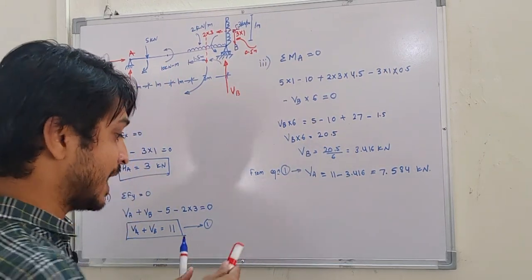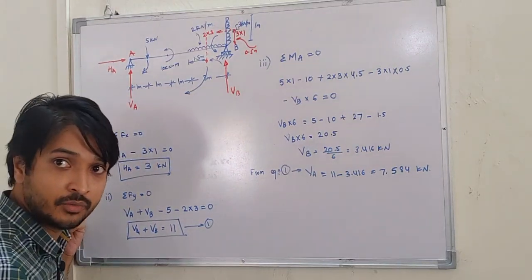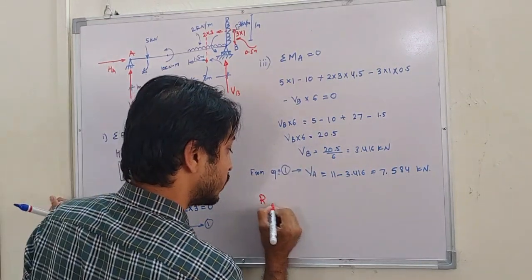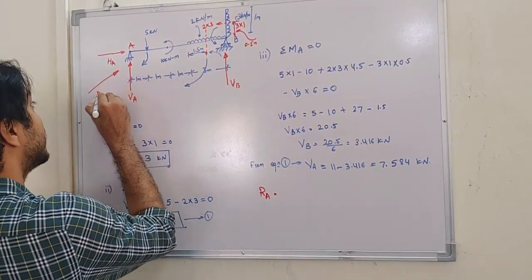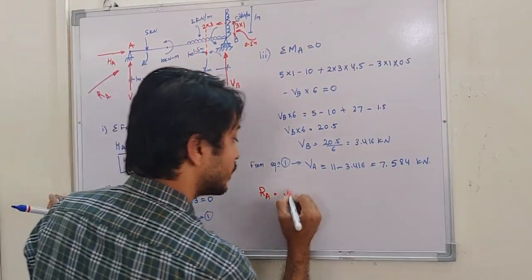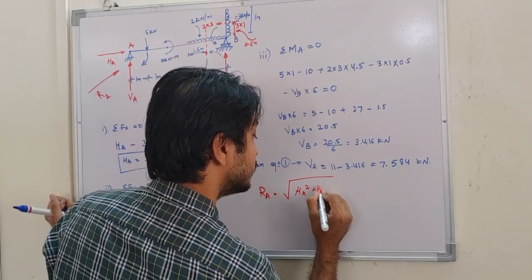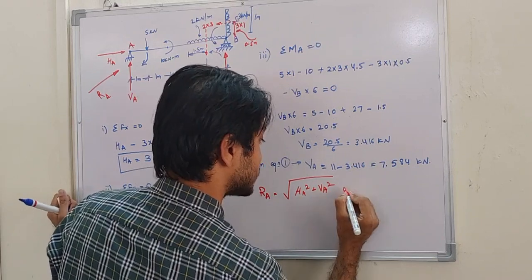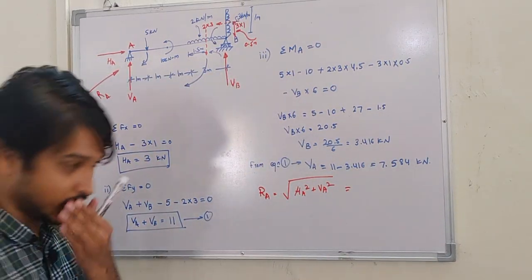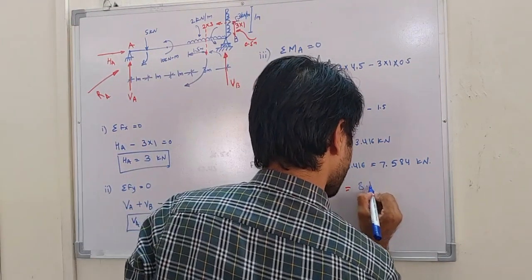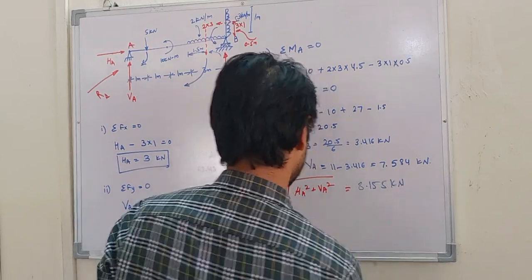Now we'll calculate the resultant reaction wherever we have two forces. So reaction at A will come something like this. This is reaction at A, which is equal to the square root of HA square plus VA square. If I substitute HA and VA here, I get RA equal to 8.155 kilonewton.